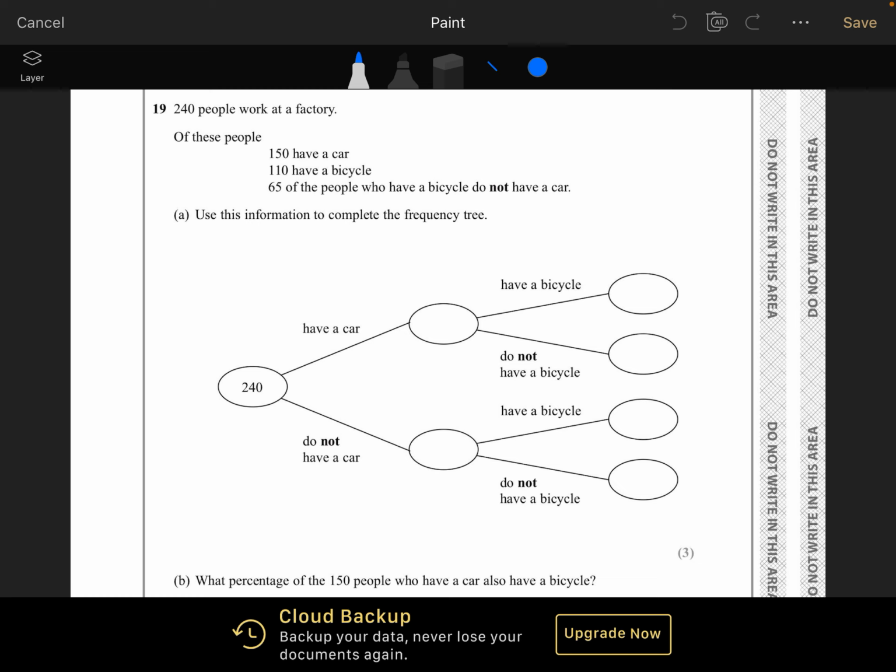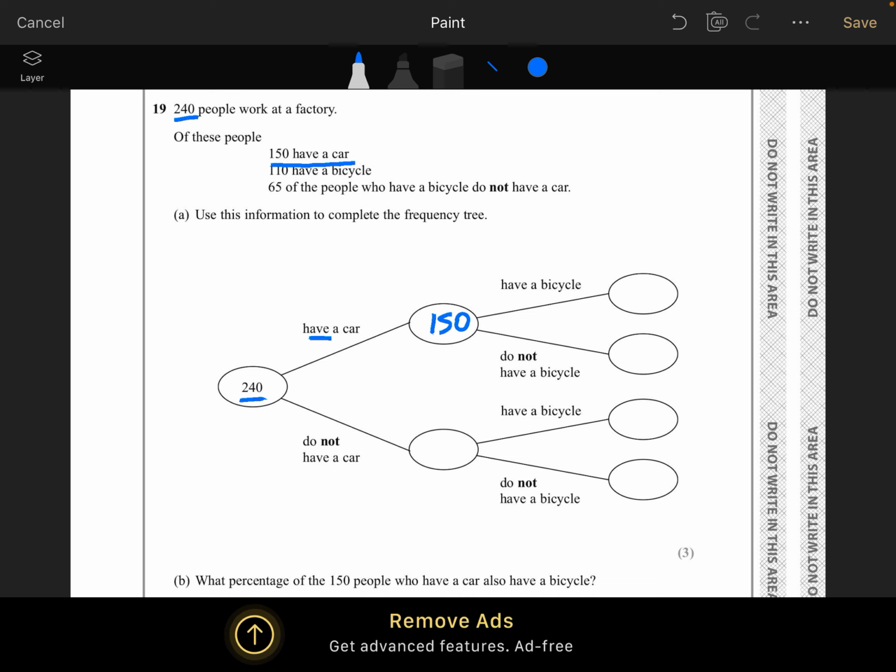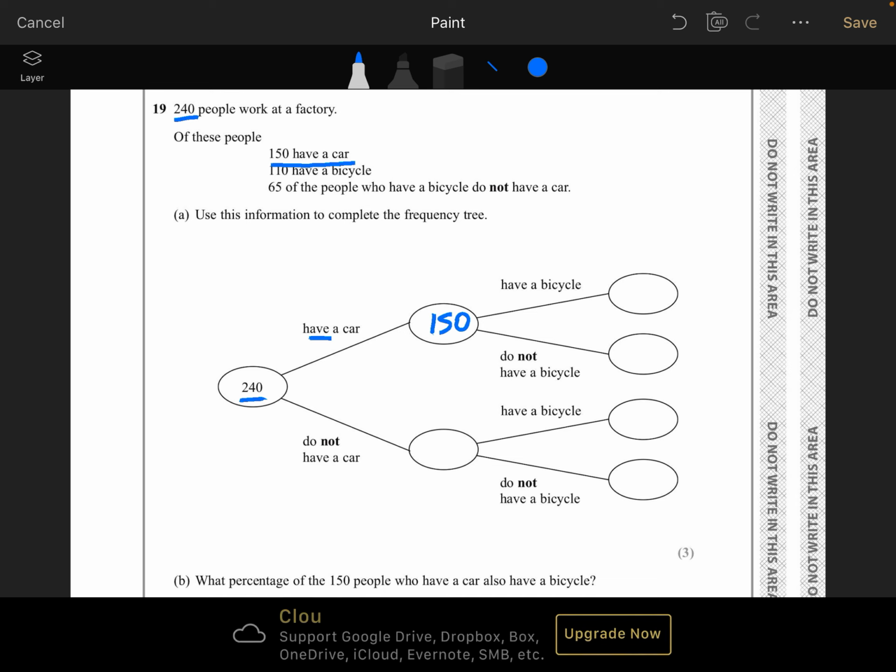So let's go through. We know there's 240 people altogether because it says so here. But of those, 150 people have a car. It says 110 people have a bicycle. That's this one here.